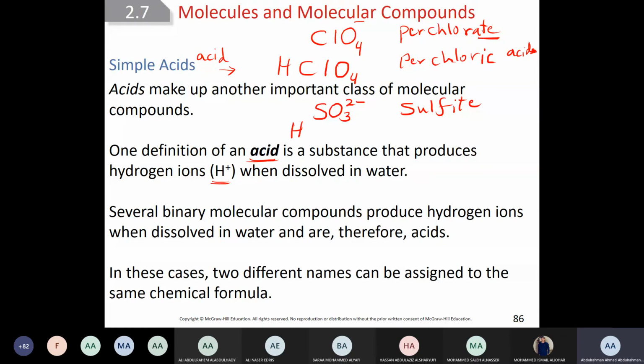Now, how many H should I put with it to make it acid? 2. H2SO3, no 2 minus. Good. It becomes now acid. How to name this compound?